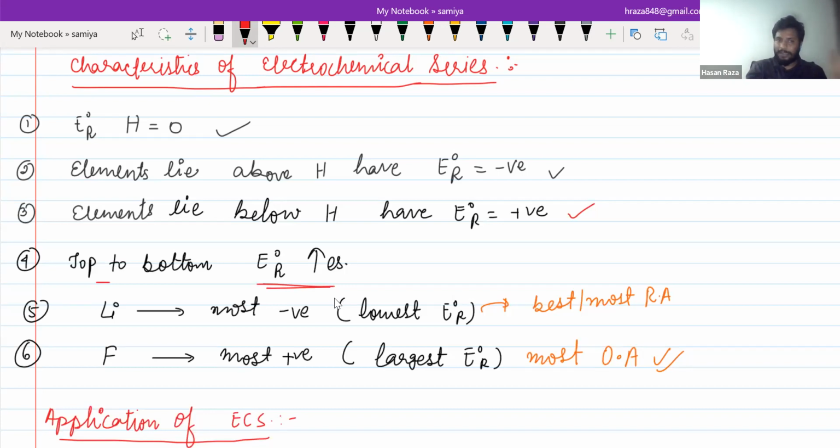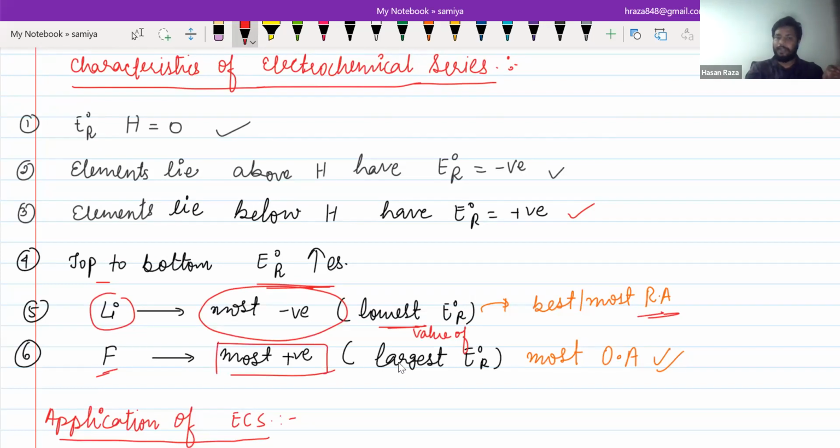Lithium on the top means most negative, the lowest value of E naught R, which means the best reducing agent, or reducing power. Now F is at the bottom of the series, which means the most positive value of E naught R, so it has the most oxidizing power.